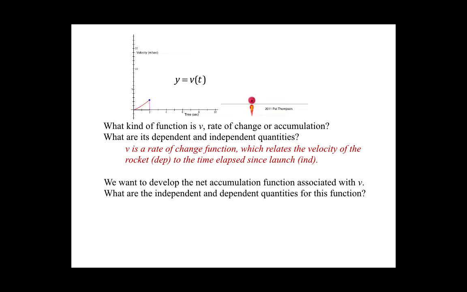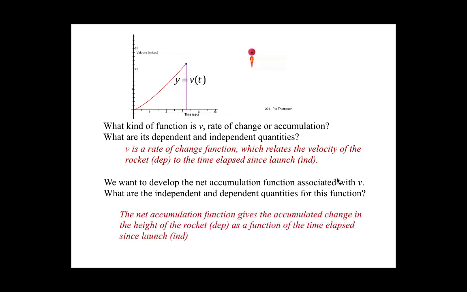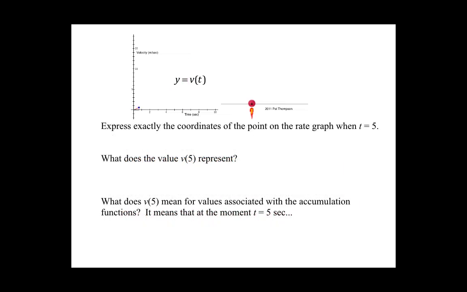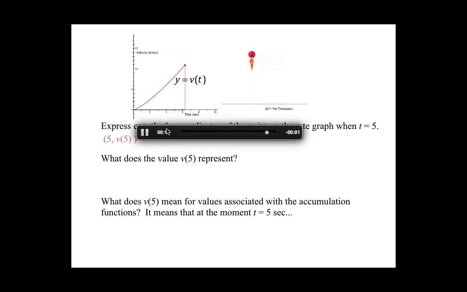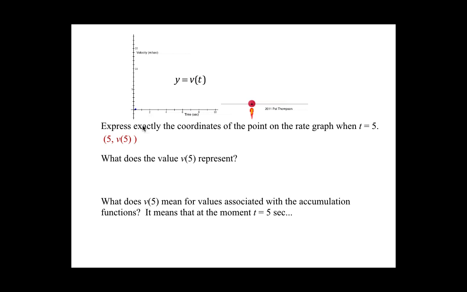Changes in the height over time depend on my rate in meters per second multiplied by a given number of seconds. But as a starting point, if I want to know the coordinates on this graph, let's see if I can get it to pause sometime.